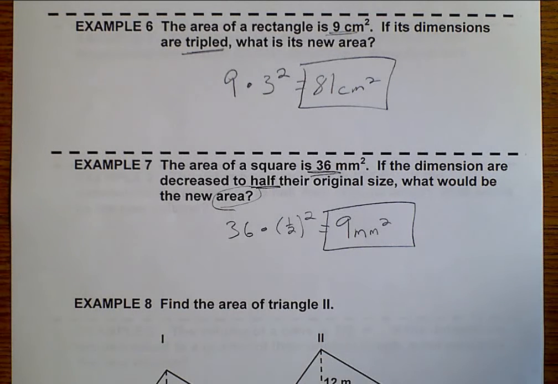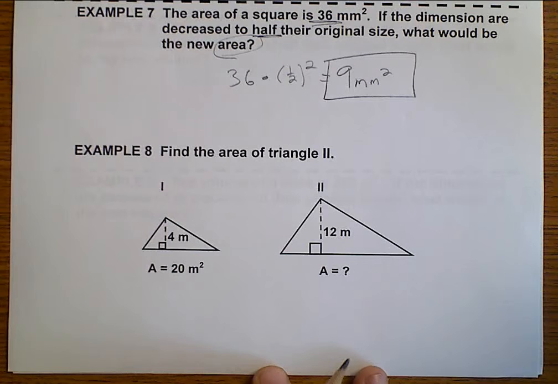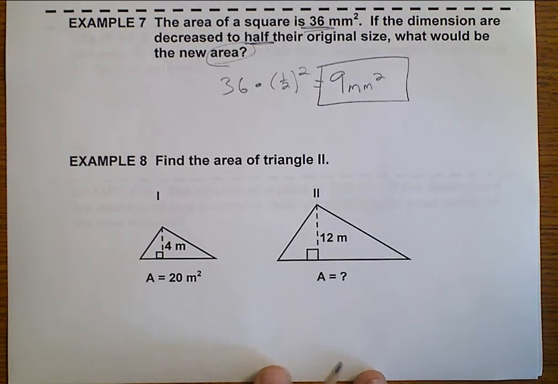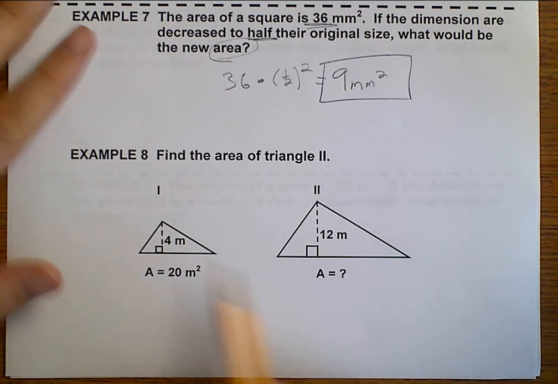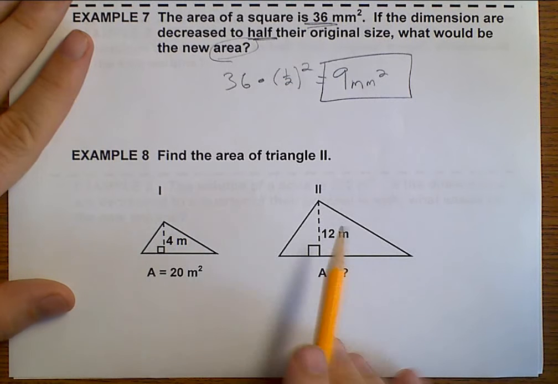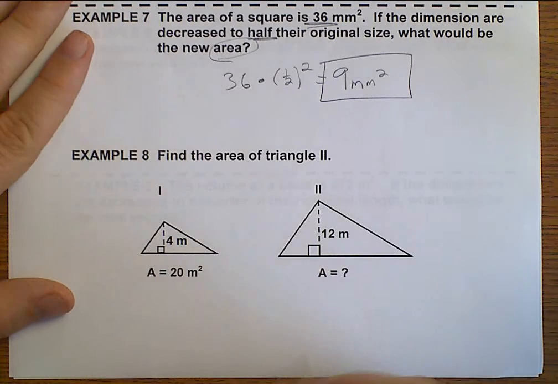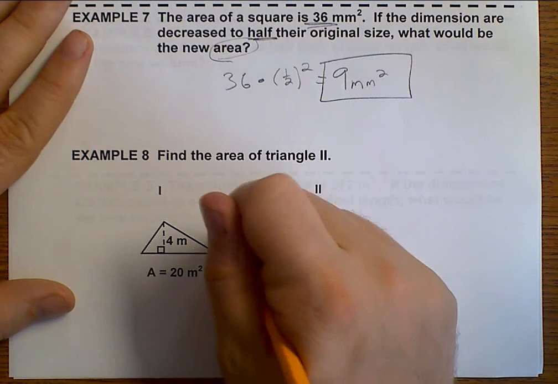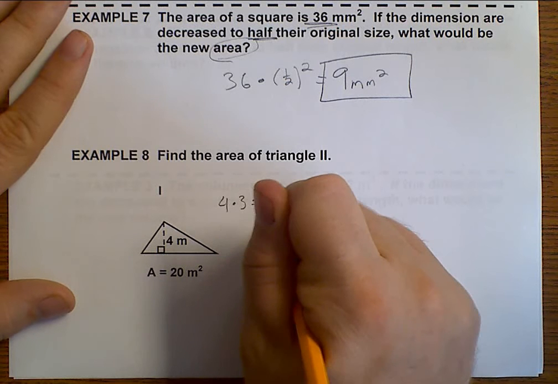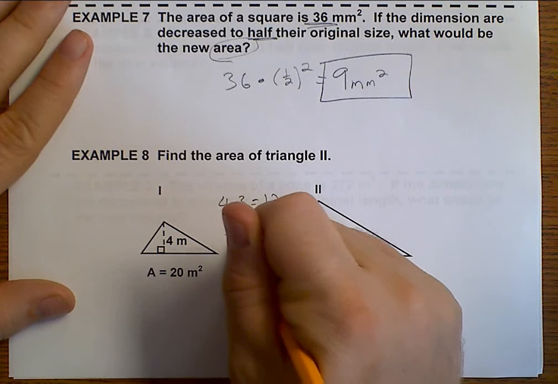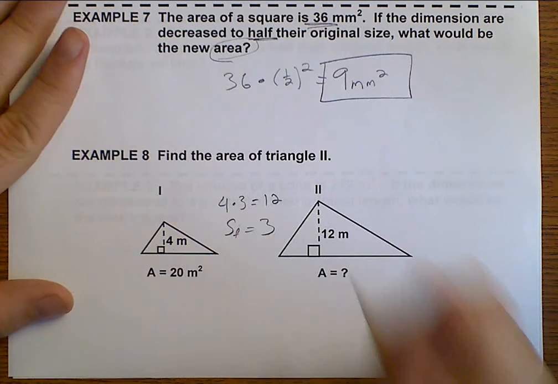So now we need to find the area of triangle 2. Well, to go from 4 to 12, we multiply by 3. Which means that our scale factor is 3.